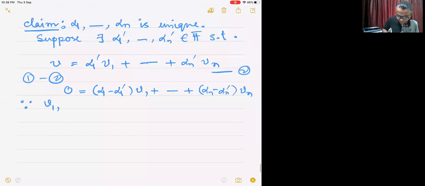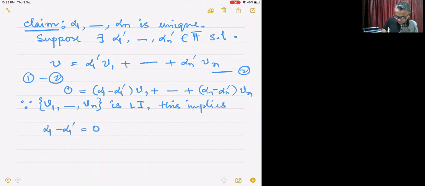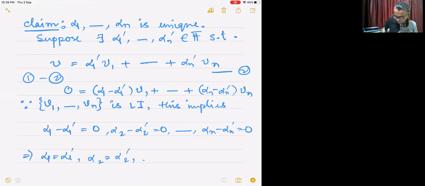So this implies, since v1 up to vn is linearly independent, alpha 1 minus alpha 1 prime must be 0, alpha 2 minus alpha 2 prime must be 0, all these coefficients must be 0, alpha n minus alpha n prime must be 0, which implies alpha 1 is equal to alpha 1 prime, alpha 2 is equal to alpha 2 prime, so on up to alpha n is equal to alpha n prime.